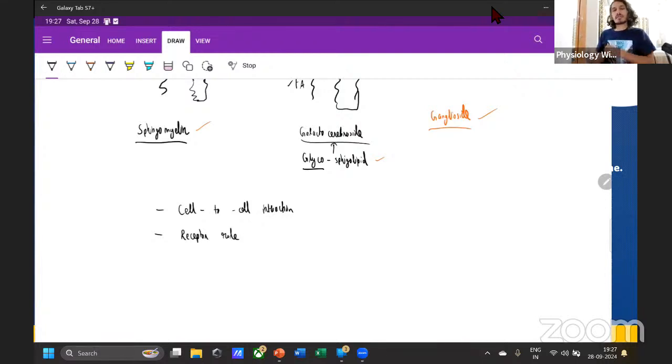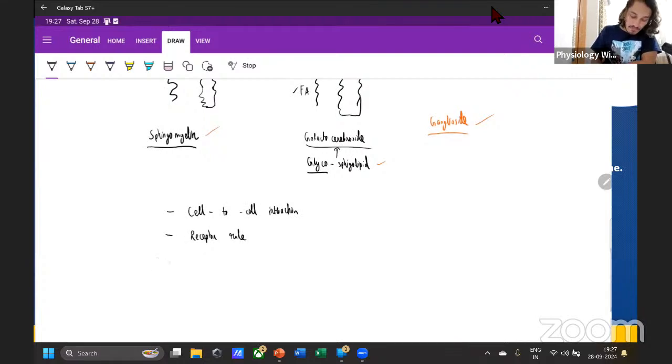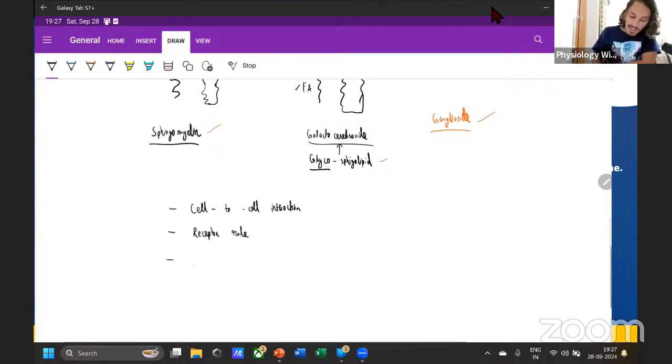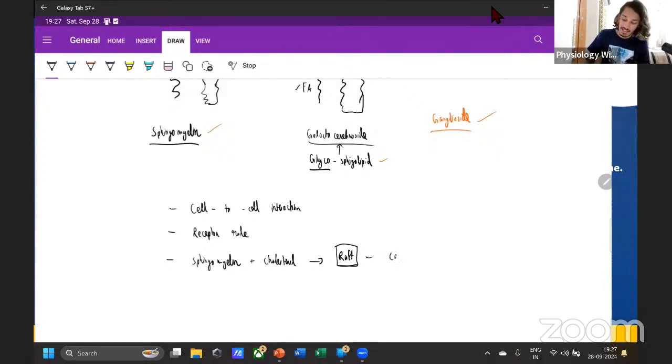Okay, so in a lot of ways, cell to cell interaction, it has some sort of a receptor role. And sphingomyelin along with cholesterol form certain microdomains called the rafts, which are again important in certain kinds of intracellular signaling, like caveolin mediated mechanism.